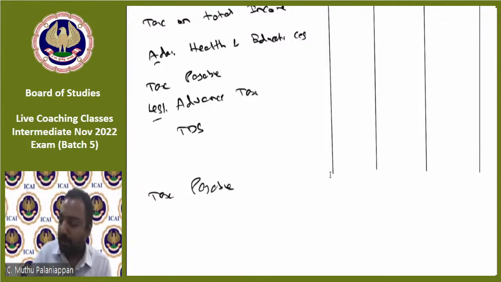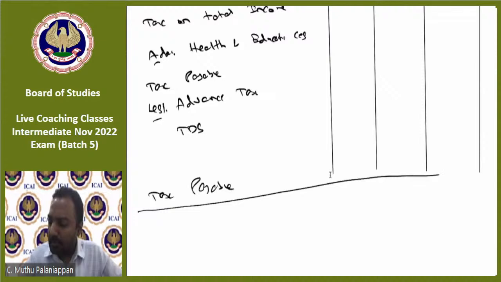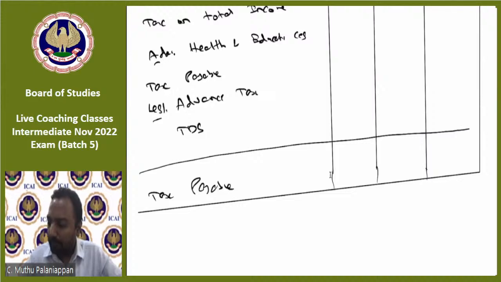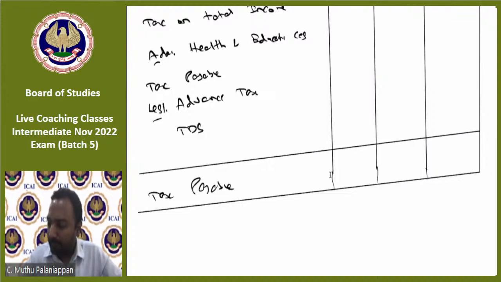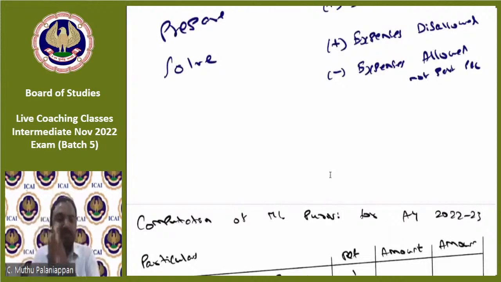Your tax payable and your income, everything can be rounded off to the nearest tens. So with this, let's say you have this ready. Okay, so now this is the structure of the basic solving.